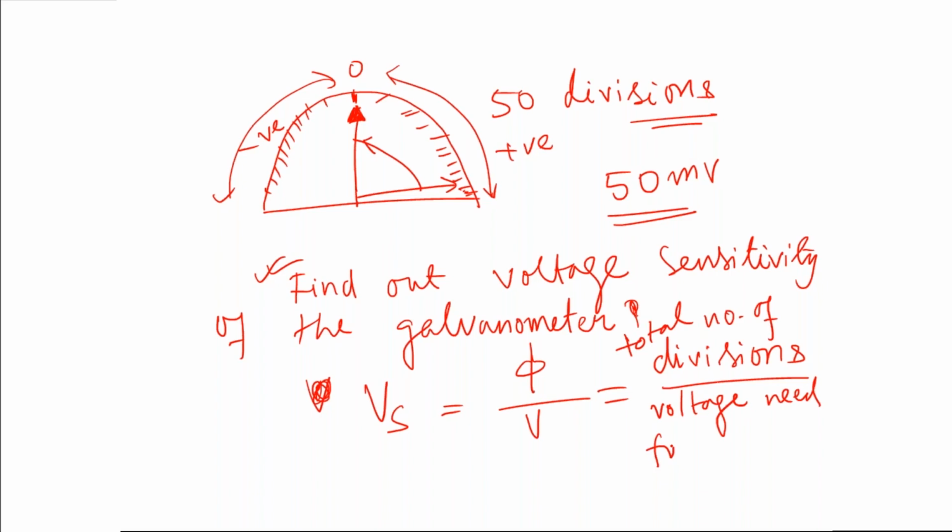Then you will get divisions per volt. So this will give you the sensitivity. Let us see how we calculate that. The number of divisions is 50 and the voltage required is 50 millivolt.